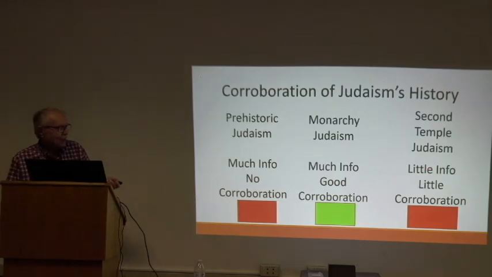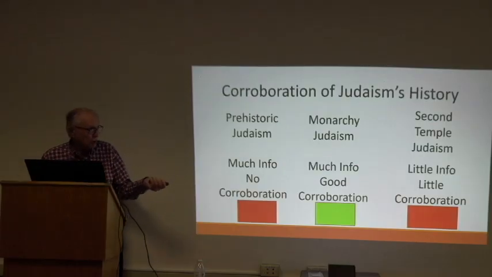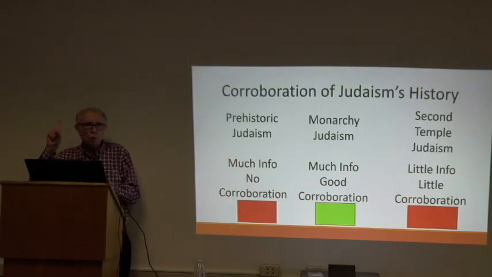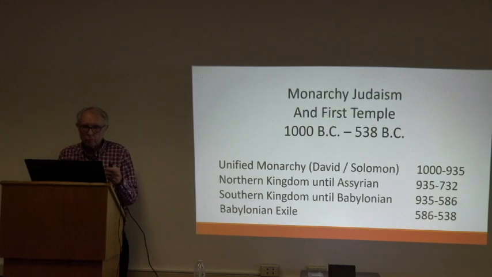So when you get to the Second Temple, even though it's more recent, we don't have a lot of information. There's almost nothing in the Bible about Second Temple Judaism. One book of the Bible, the book of Daniel. And because everything about the kings is in the monarchy period, this period, we got a lot of information about that.